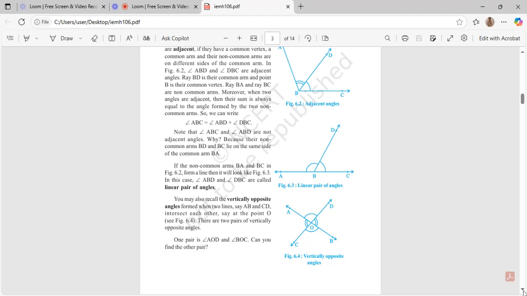So the sum of the two angles in a linear pair is equal to 180 degrees. Here angle ABD plus angle DBC is equal to 180 degrees. The sum of linear pair angles is always 180 degrees because they form a straight line.